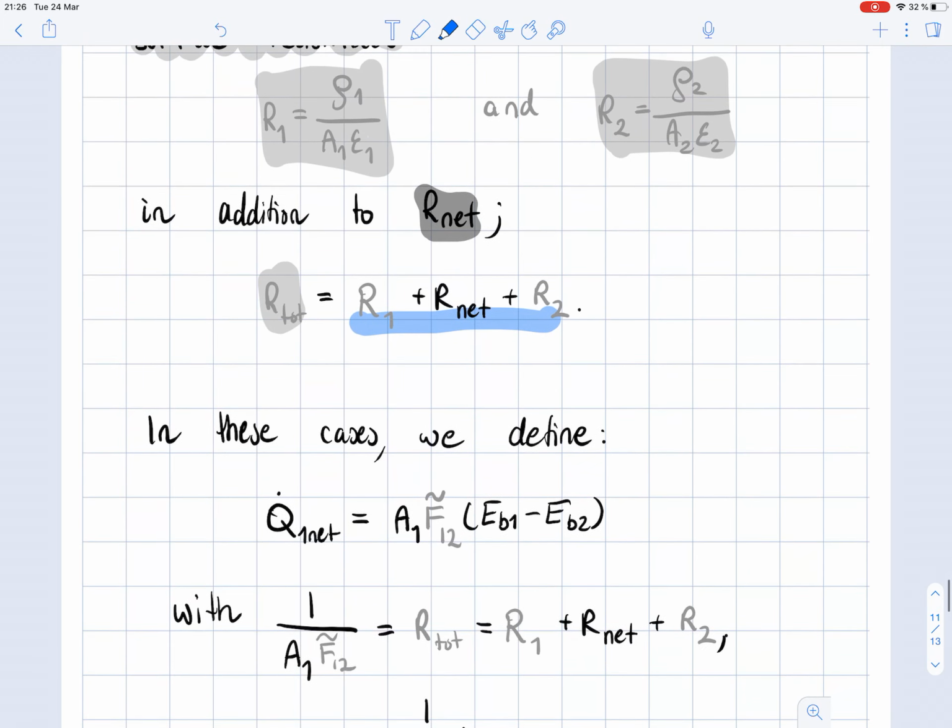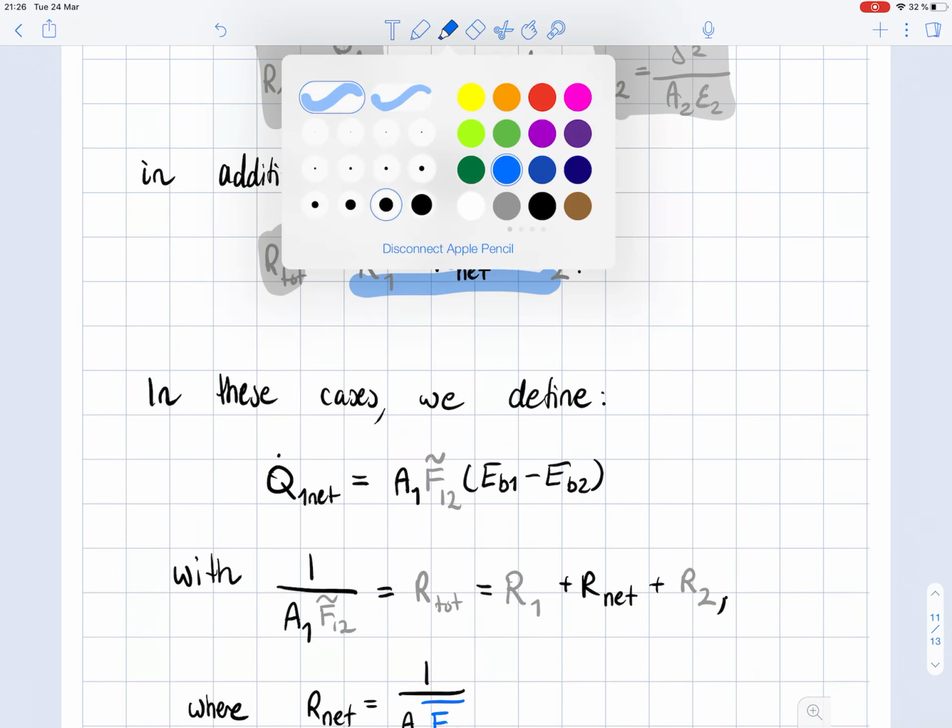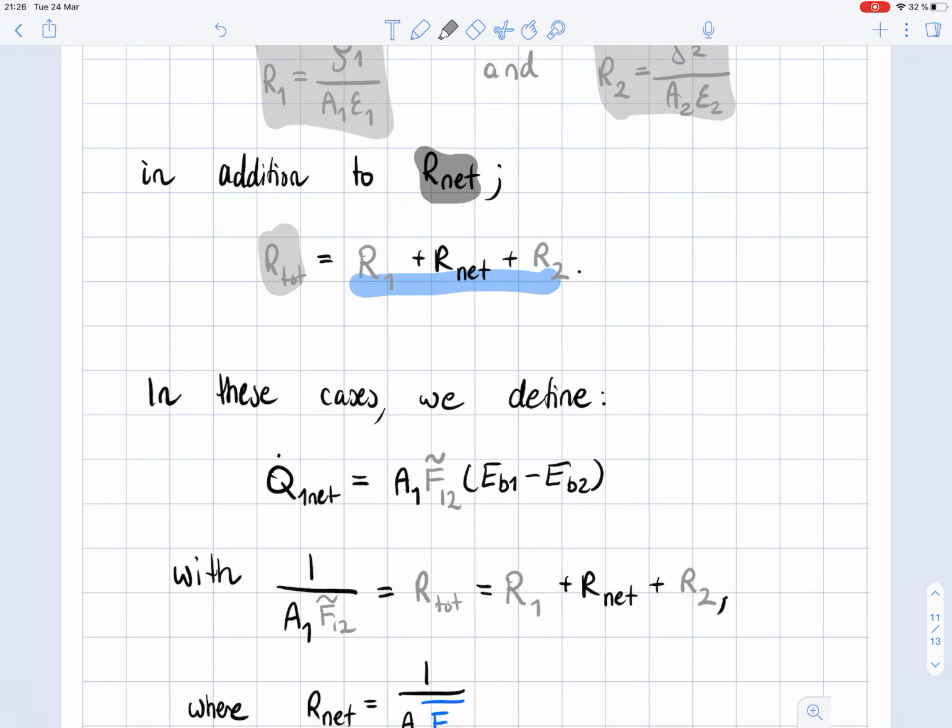And in that case, we write as before that the net heat exchange equals the area of the hot surface multiplied with this F12, and now we use a tilde above the F, and the definition is simply that 1 over A1 multiplied with F tilde 12 equals the total resistance we have here.